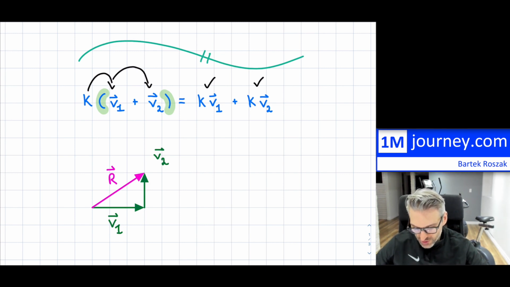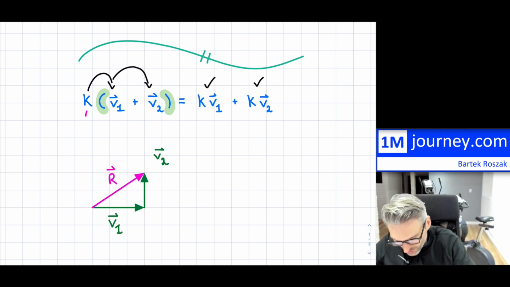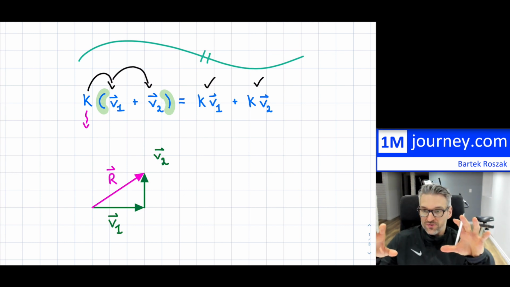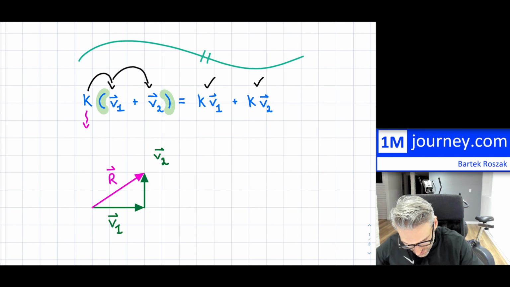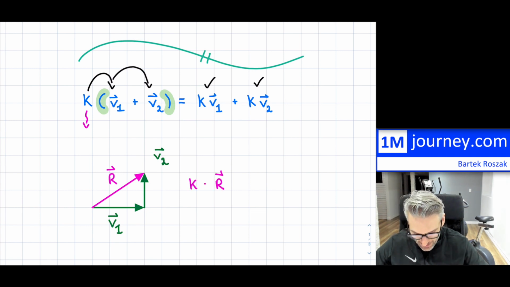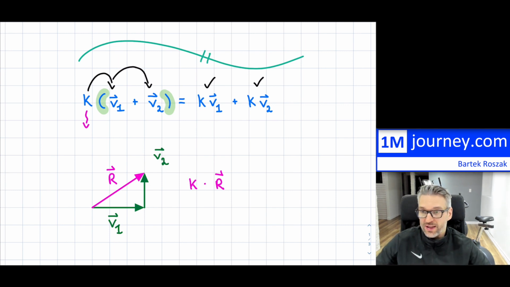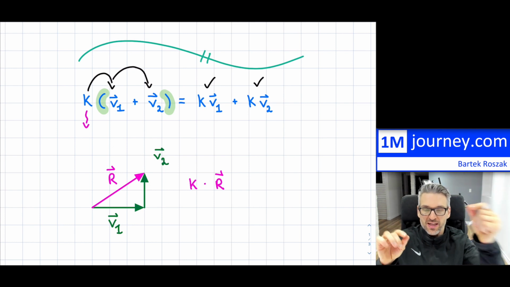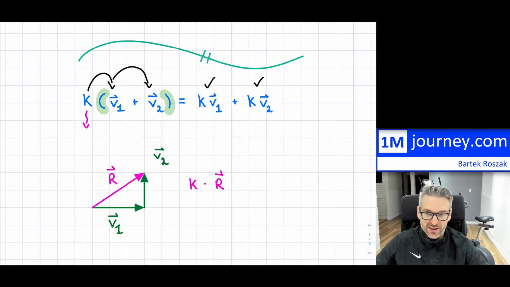And now if you took this and multiplied it by k, so you had my resultant vector, and you would say this is just k multiplied by the resultant vector, you would get some result. Of course, it depends on the k. The k would just scale it up or down, or possibly, if it's negative, change its direction.